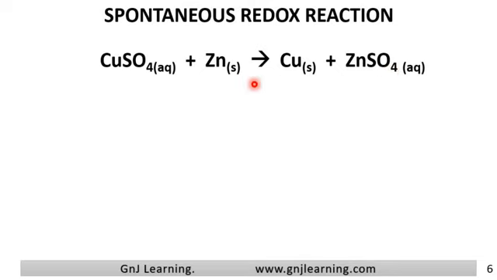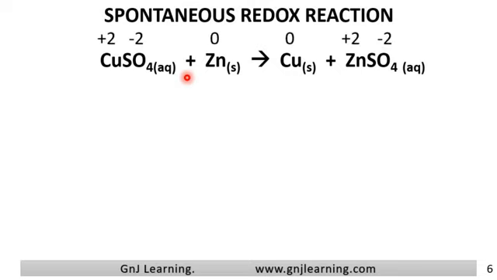Next we are going to identify the species that has been reduced and oxidized, because it is a redox reaction. For that, first we have to identify the oxidation number of each species involved in the reaction.